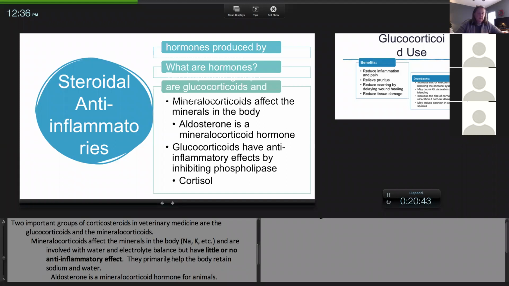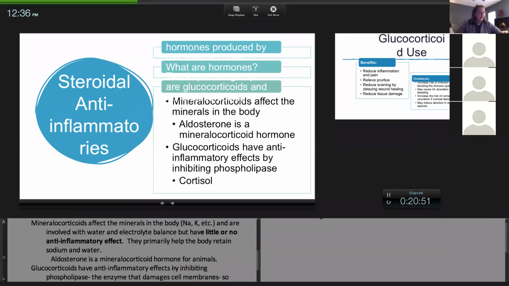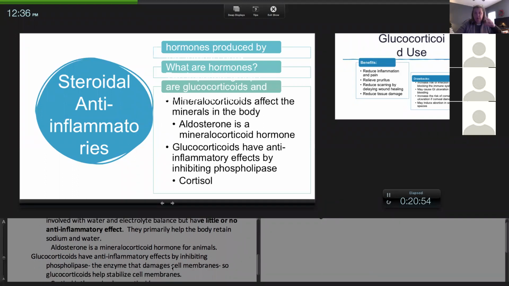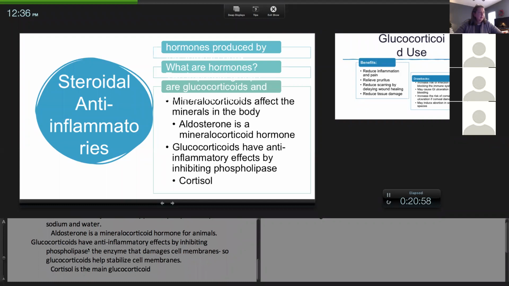They do not affect, per se, inflammation, but that water balance is where we're going to get into blood pressure, fluid balance, hydration, things like that. But the glucocorticoids do have an anti-inflammatory effect, and cortisol is the main glucocorticoid.